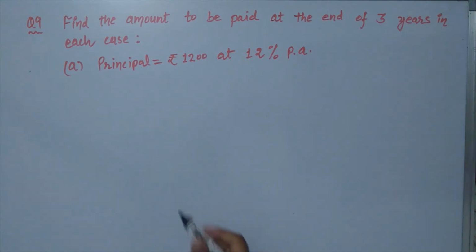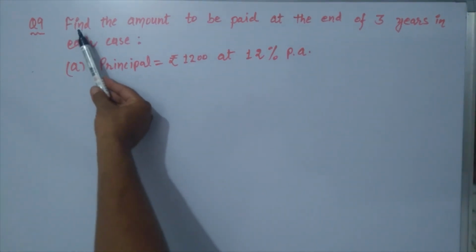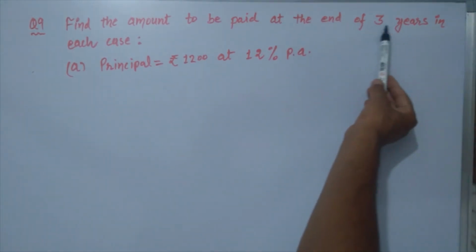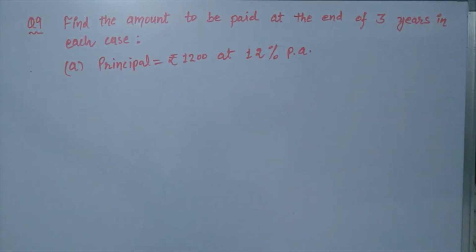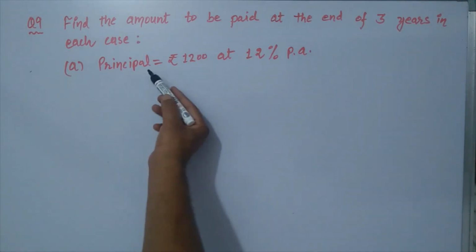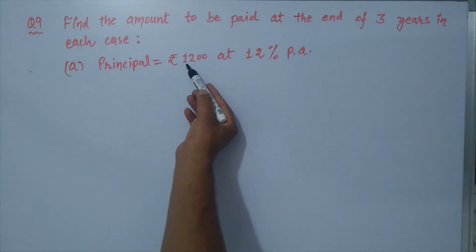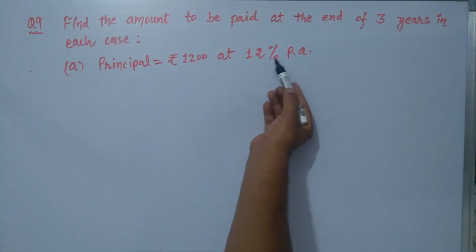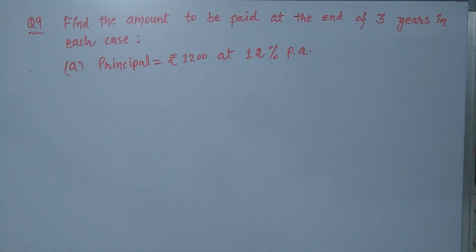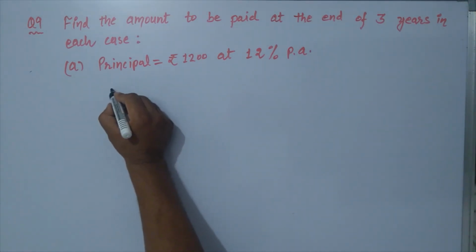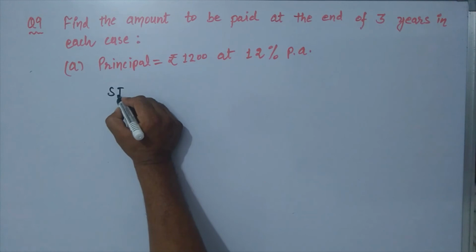Our next question is question number 9. Find the amount to be paid at the end of 3 years in each case. Part A: principal is given to be equal to rupees 1200 at 12% per annum. So here what we do? We find simple interest.